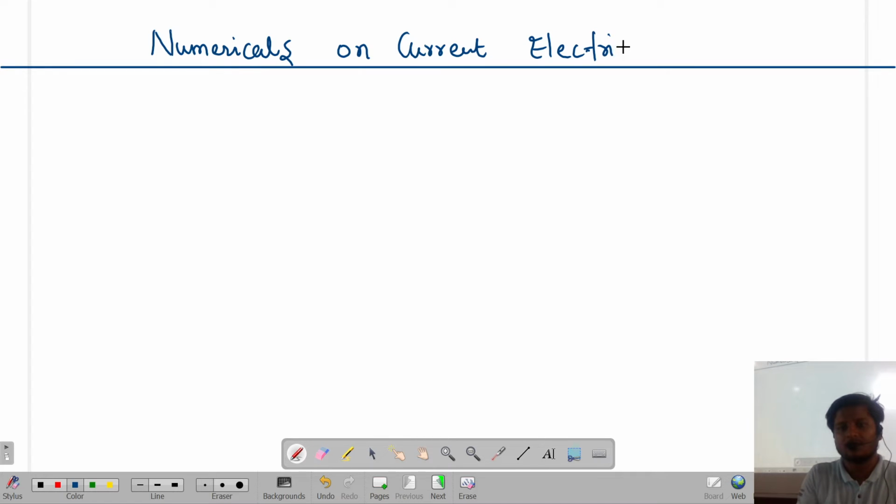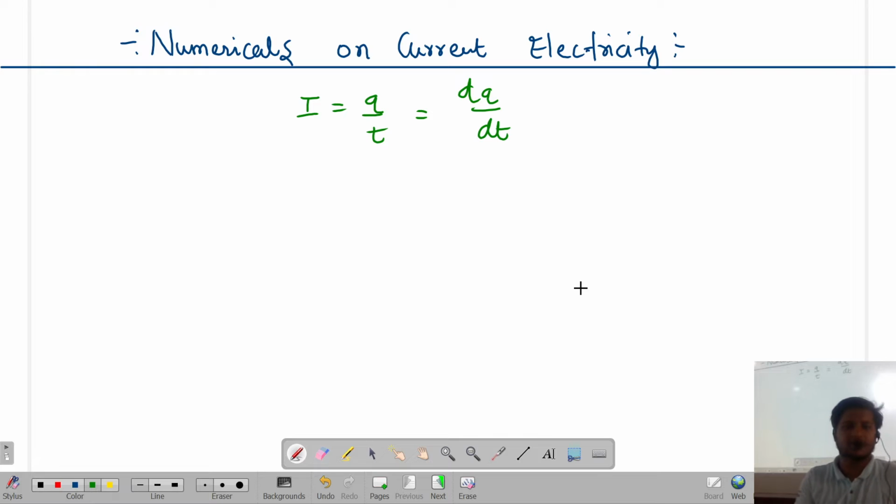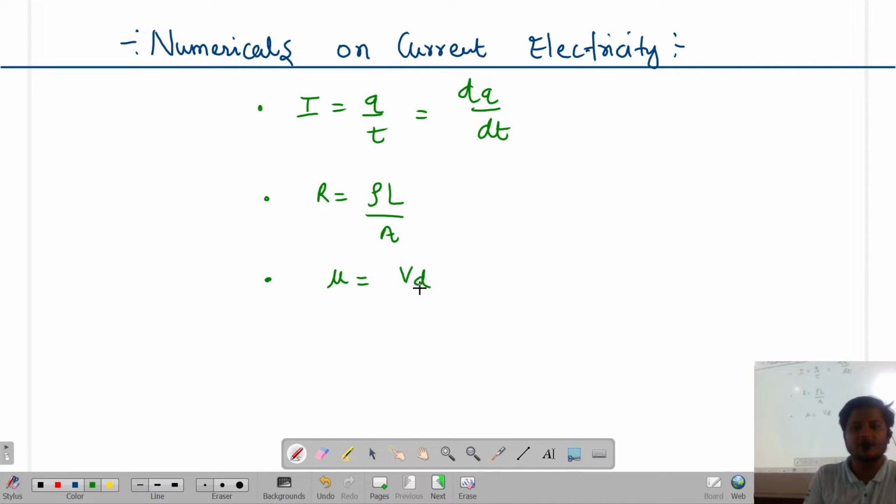Before going to the solutions, a little bit of digression. I was Q by t, and it was also equal to dQ by dt. Second formula: R is equal to rho L by A. Third formula: mobility mu is equal to drift velocity by electric field.